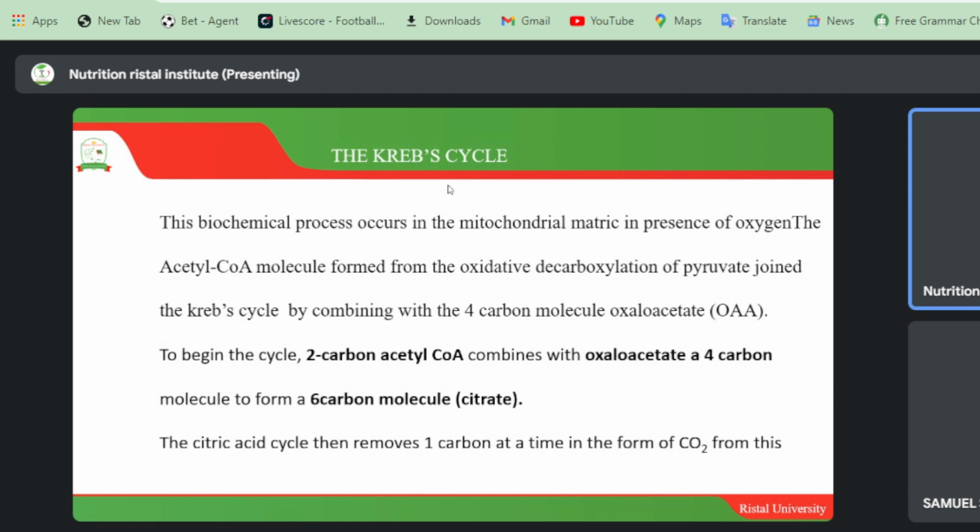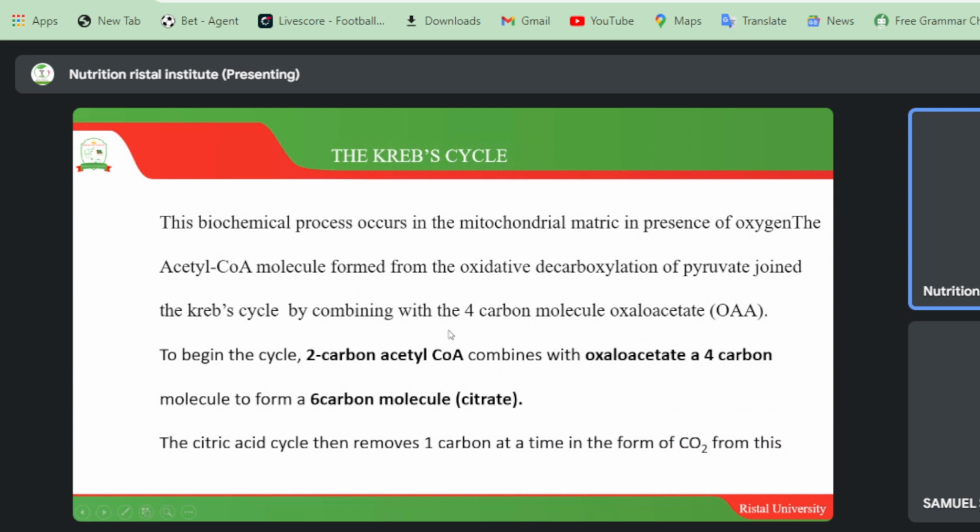The acetyl-CoA molecule that has been formed from oxidative decarboxylation of pyruvate joins the Kreb cycle by combining with a 4-carbon molecule called oxaloacetate. To begin this cycle, the 2-carbon acetyl-CoA combines with oxaloacetate, a 4-carbon molecule. Then they form citrate, which is a 6-carbon molecule.